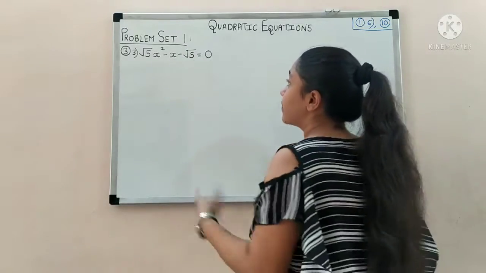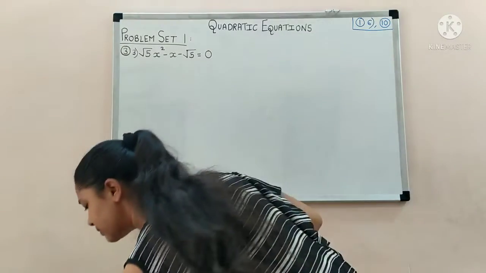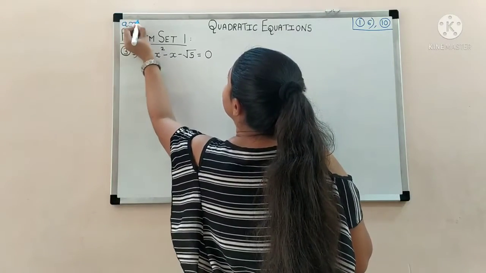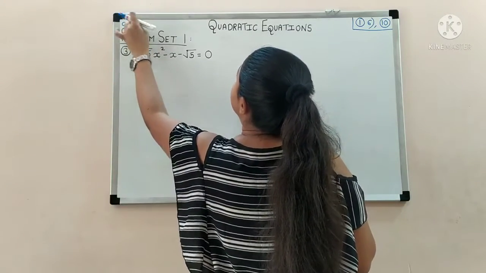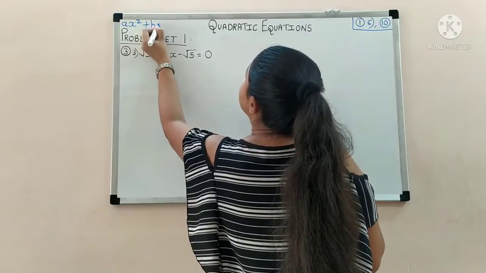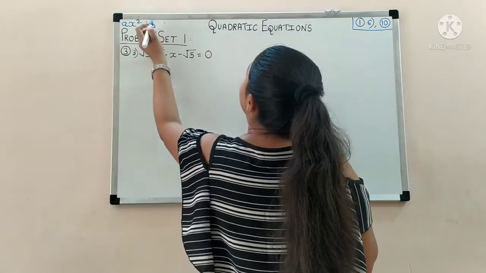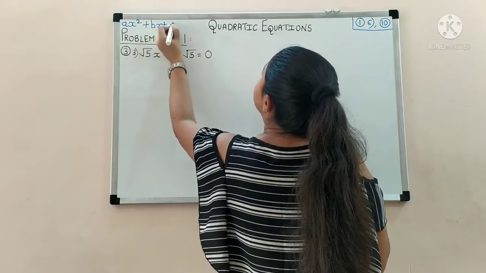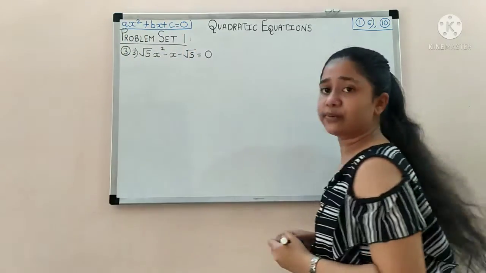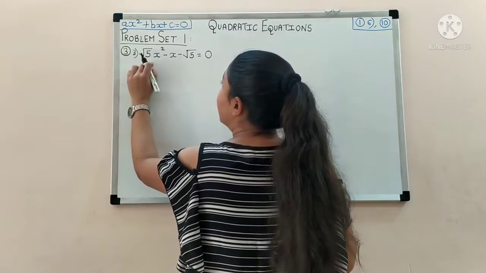Now see. First of all, the general form of a quadratic equation is, I have told you this many times throughout the chapter, ax square plus bx plus c is equal to 0. This is the general form of a quadratic equation. So from that, you can find the values of a, b and c.